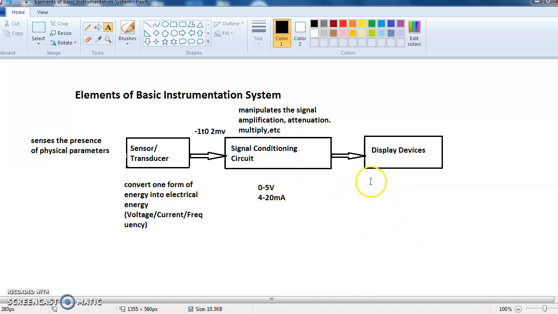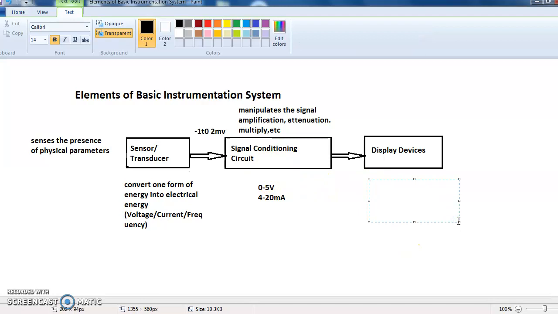So what are the possible displays we can have here? We can have a 7-segment display. It can be any analog meter. Or nowadays we can also have computer monitors as output display devices.